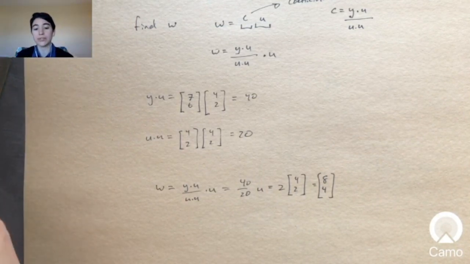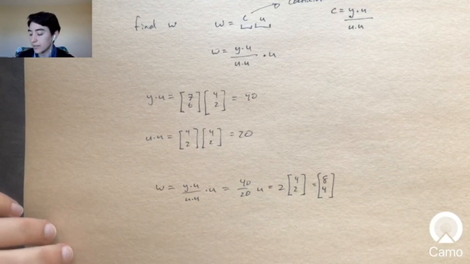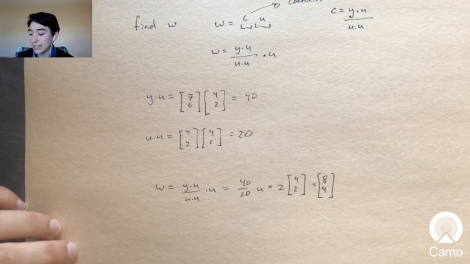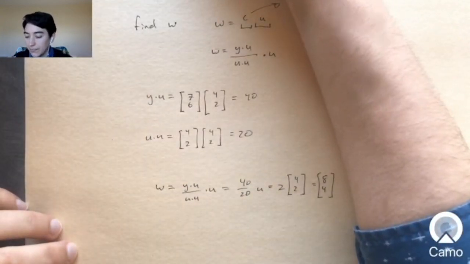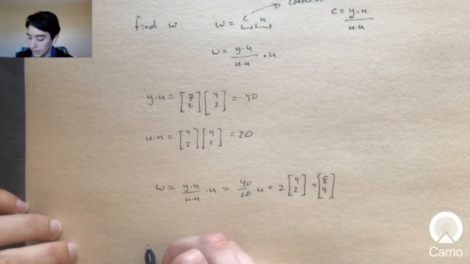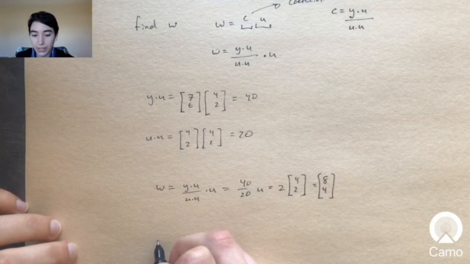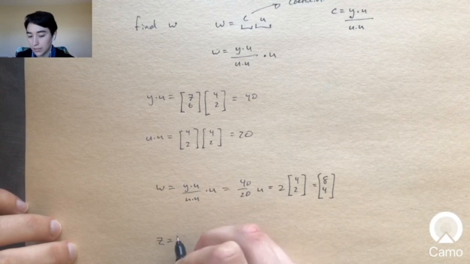Now, what we want to do is find the component of y that is orthogonal to u. So we want to find z. How do we find z? So what we can do is say that z is equal to y minus w.